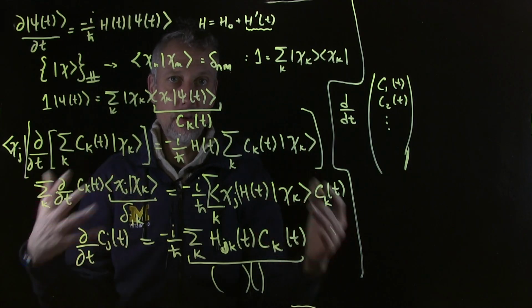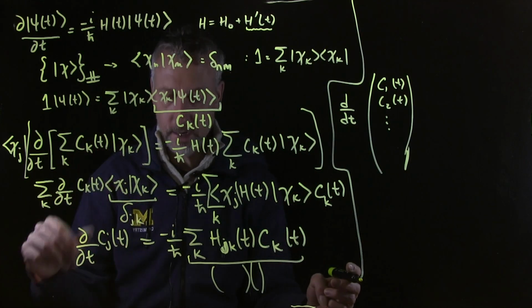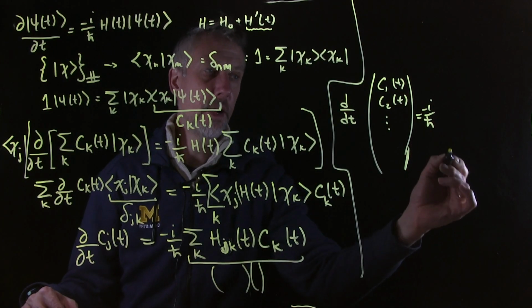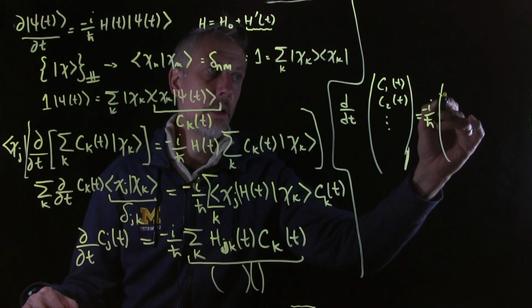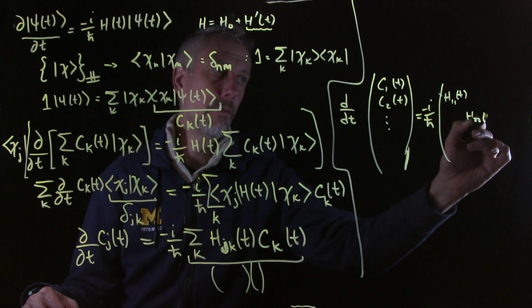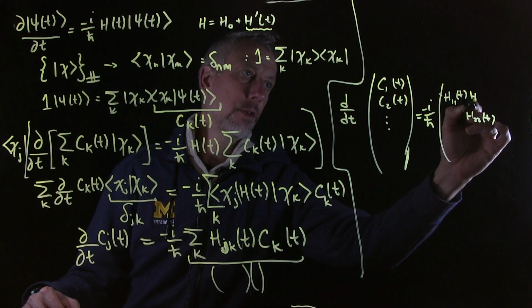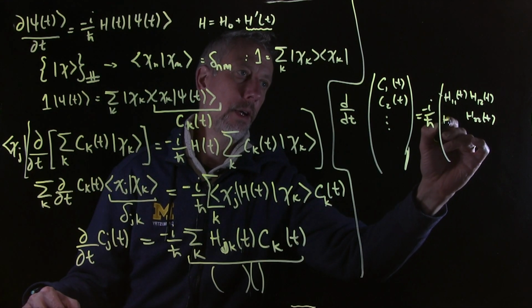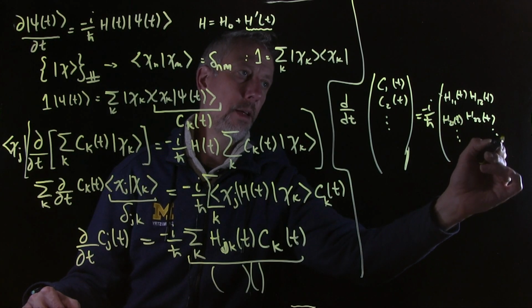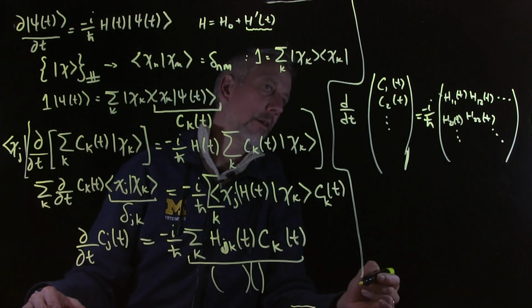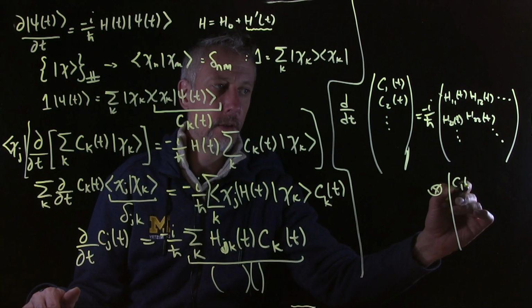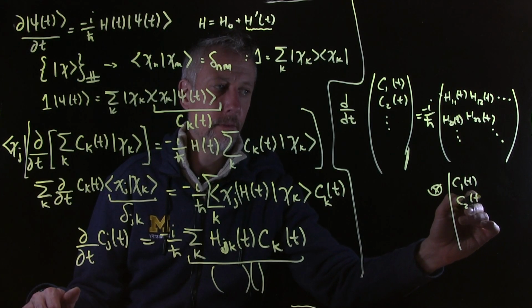Now, in practice, of course, we need to have a finite number. In theory, we could have as many as we want. This is equal to minus i over h bar times the matrix. So that'll be H11 of t, H22, H12, H21, oops, 21, and so on in all these dimensions. And then I ran out of space, unfortunately. Sorry about that. And then over here we have c1, c2 again.